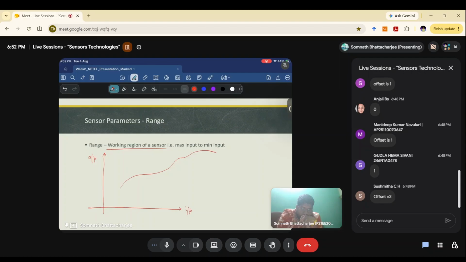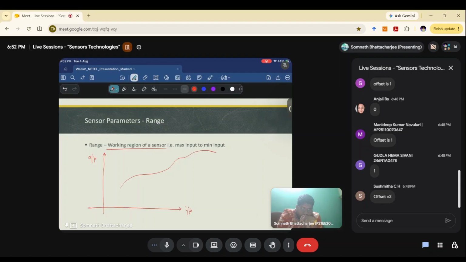Now, for this parameter to make it quantitative, we need to learn a parameter called non-linearity. If the sensor is non-linear, how much non-linear is it? Or what is the non-linearity factor of this sensor? To calculate that, the formula is somewhat like this.